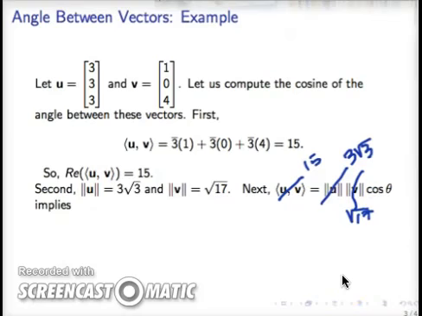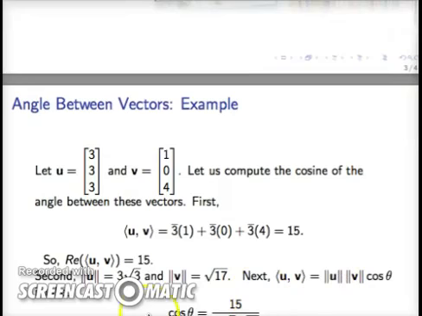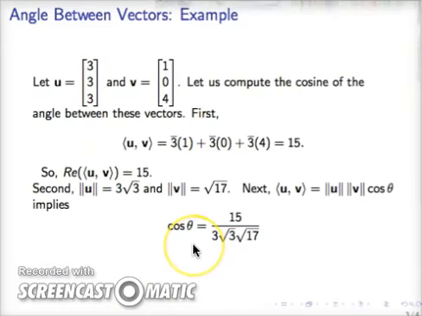This leads to the following expression, and from cosine of theta equals that number, we can solve for theta. This is the part where we take the cosine inverse on both sides of this expression.